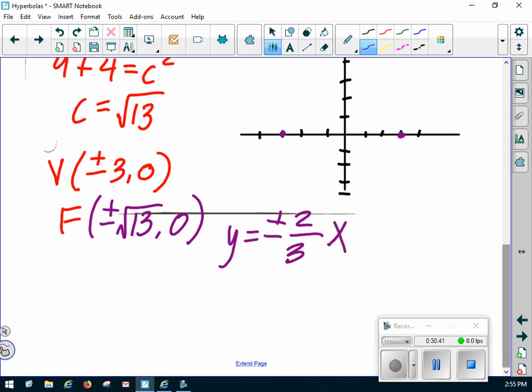Is there a question? It's Friday afternoon, I know. Now what you're going to do with your pencil, you're going to use a dotted line. You are going to draw these two lines on your grid. What's the y-intercept? 0.